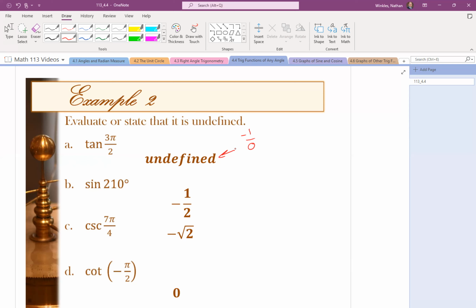Sine of 210. So 210 is in the third quadrant. Since it's in the third quadrant, the y value is negative. In other words, 210 puts me here.